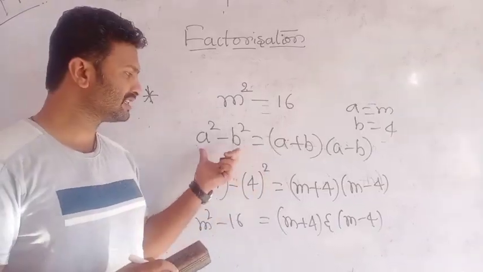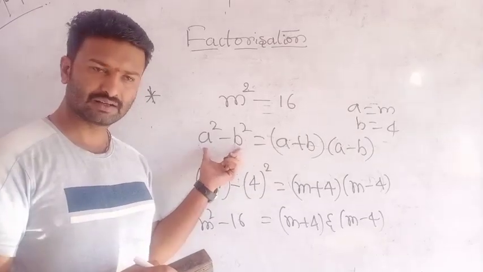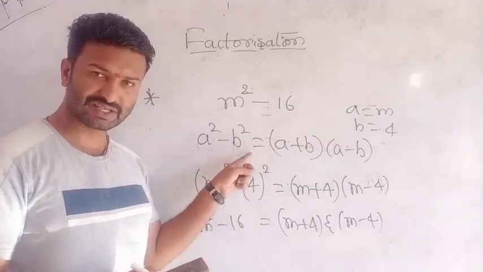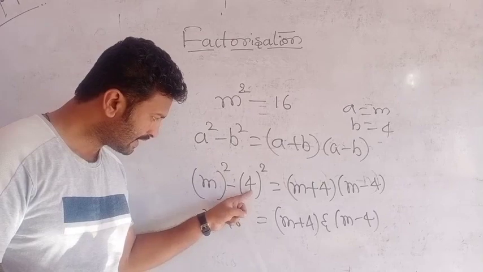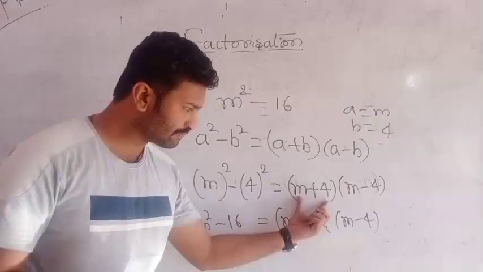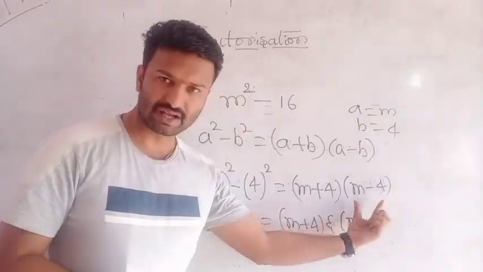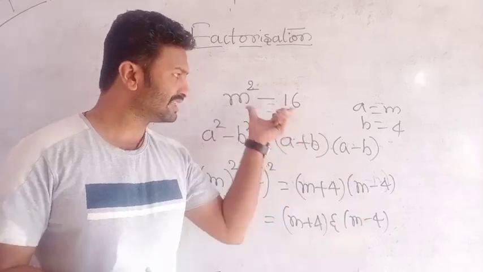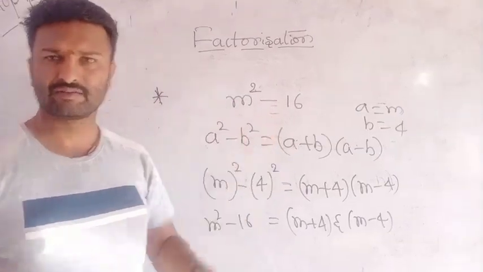I want to express it like this, a square minus b square. Here a square minus b square equals (a + b) into (a - b). I got the factors of this expression. It's very simple.